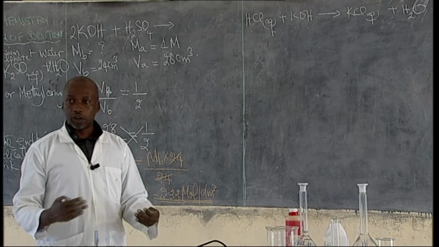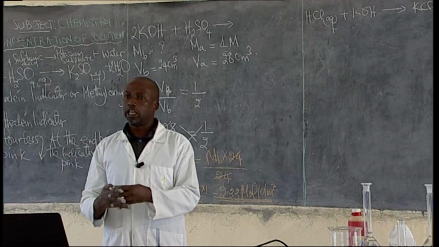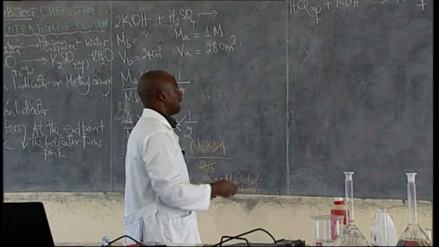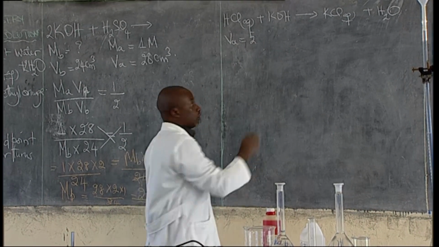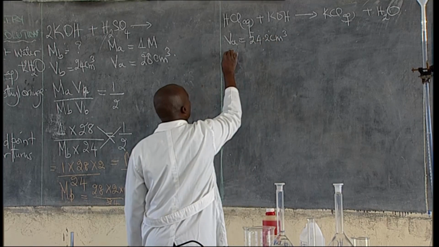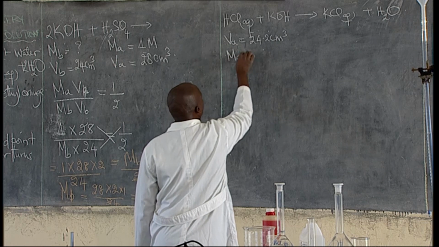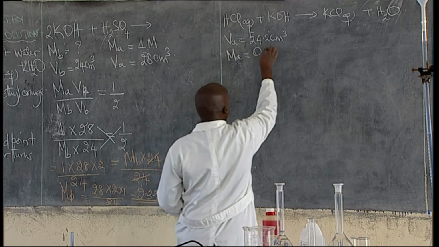So we are asked the concentration. Volume 24.2 of solution containing, so that is the volume of the acid. So the volume of the acid is 24.2 centimeters cubed. The molarity of the acid is given at 0.2 molar.